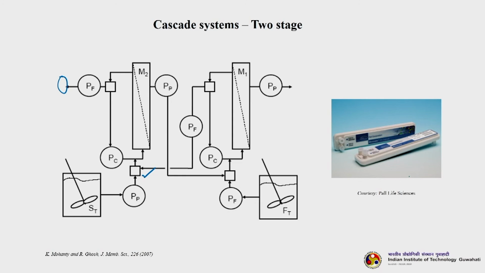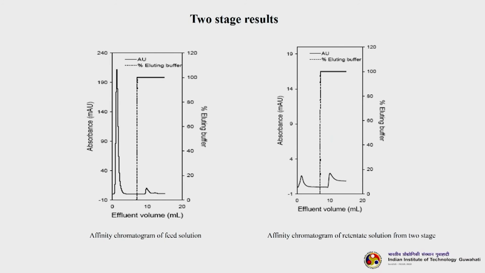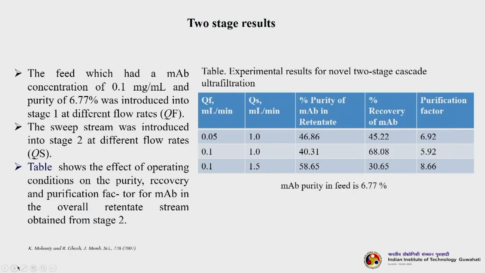We have used tangential flow filtration systems which were given by Pall Life Sciences. You can see the initial value is actually 6.67, and this is the single stage system; with the two stage system we can see the purity has increased. This is the affinity chromatogram. Let us see the result in quantification terms.